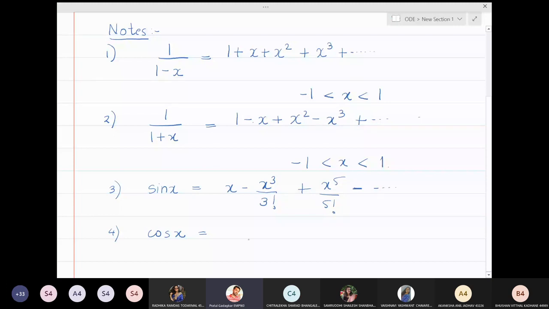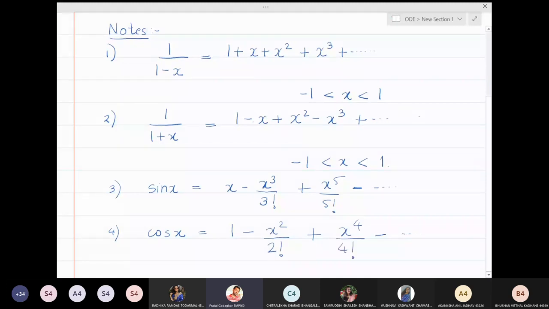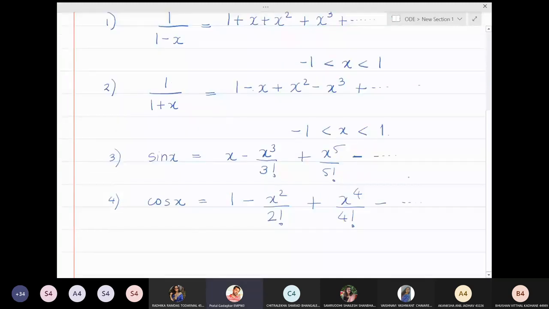And what is the cosine function? The Taylor series of that is 1 minus x square upon 2 factorial plus x raised to 4 upon 4 factorial and so on, alternating plus and minus signs with even powers. And these two Taylor series are valid for all x in real numbers.